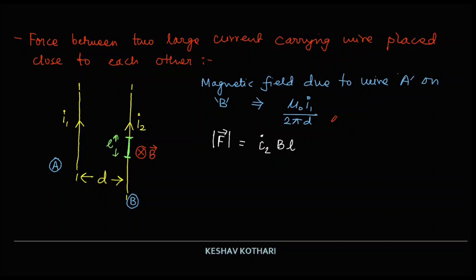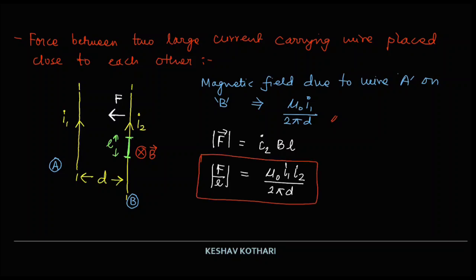So the force when the two wires are carrying current in the same direction is attractive in nature, and from here I can write that F by L for this length segment is equal to mu naught I1 I2 upon 2 pi d. So the force per unit length expression for this wire segment is mu naught I1 I2 upon 2 pi d.